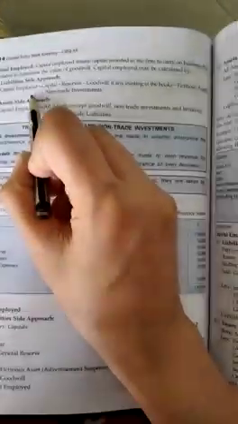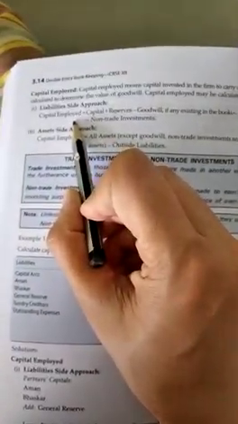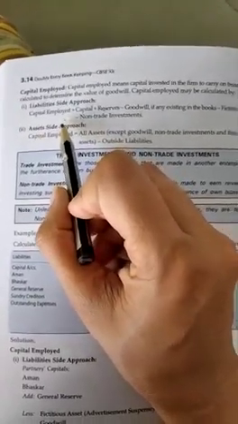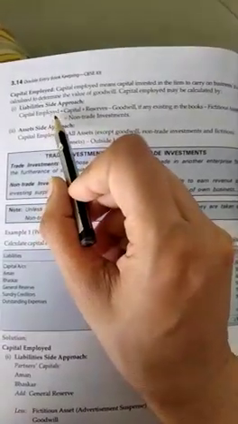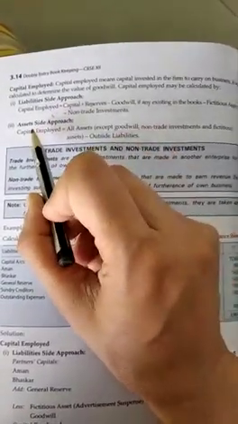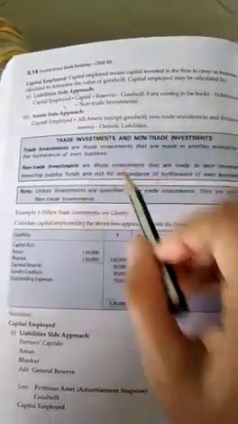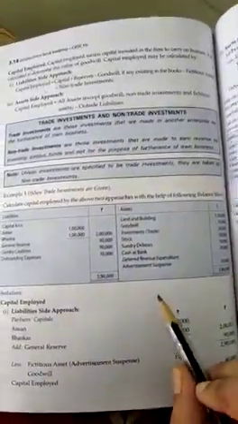For the calculation of super profit we need capital employed. If it is given then good, but if it is not given then we can use the liability side approach and asset side approach.